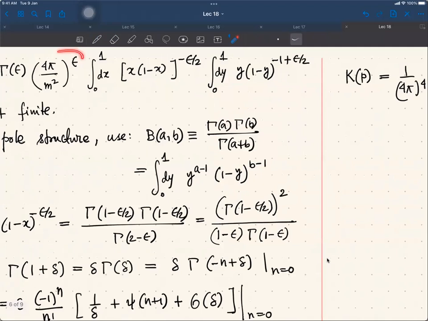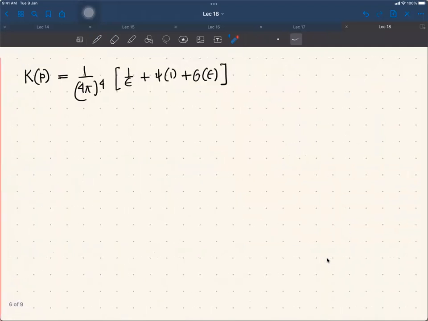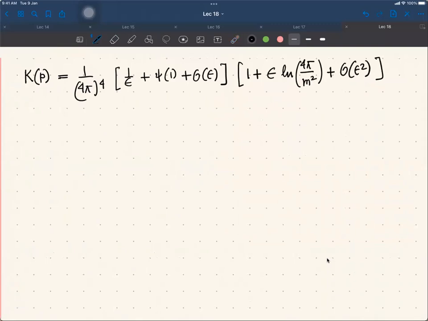Then 4 pi by m squared to the power epsilon can be expanded as we have done earlier several times. Then the x integral, which is 1 plus epsilon. Then the y integral, 2 by epsilon minus 1 plus order epsilon.